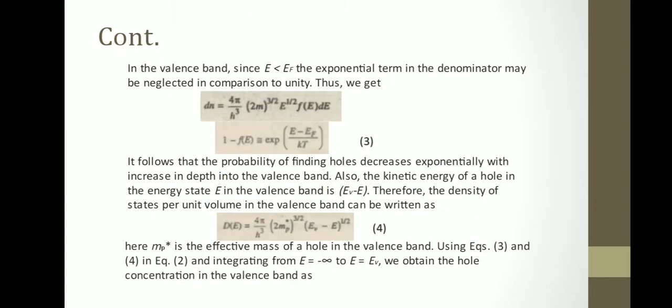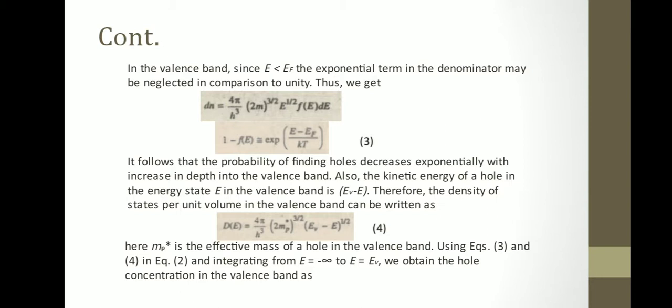In the valence band, since E is very much less than EF, the valence band lies below the Fermi level, so the exponential term in the denominator may be neglected in comparison to unity. Thus the denominator's term is neglected here, as E is less than EF.